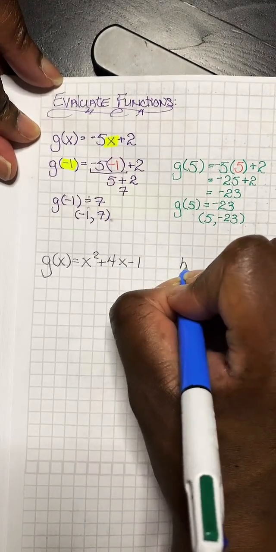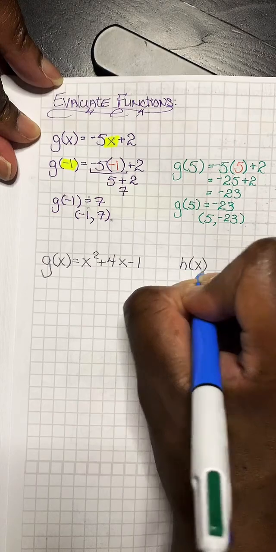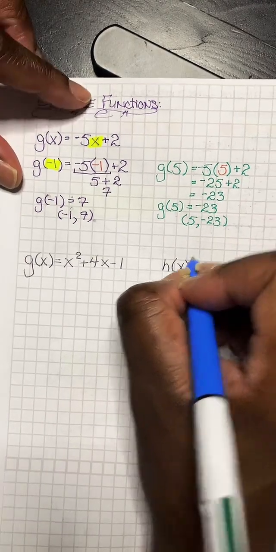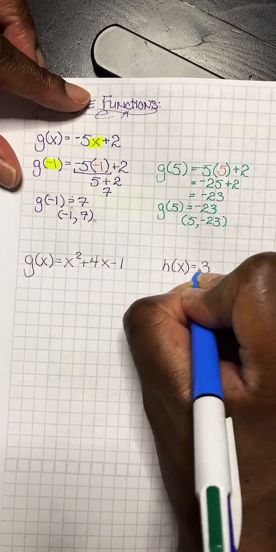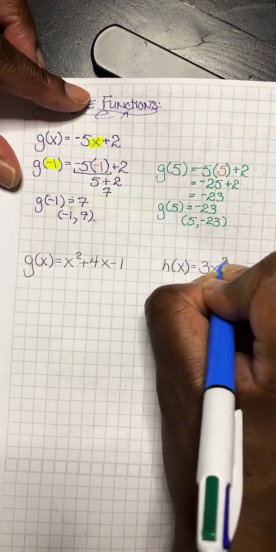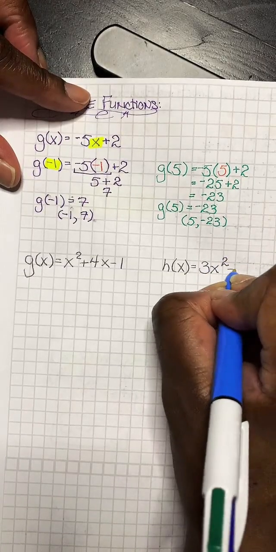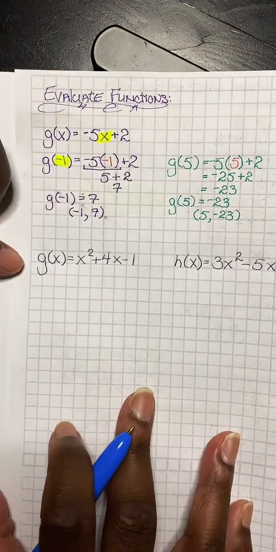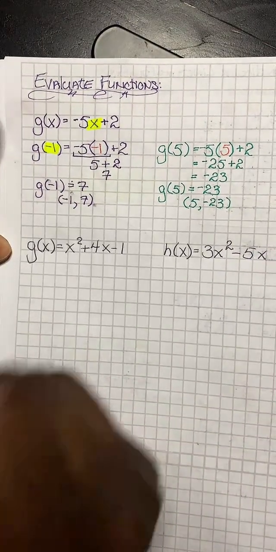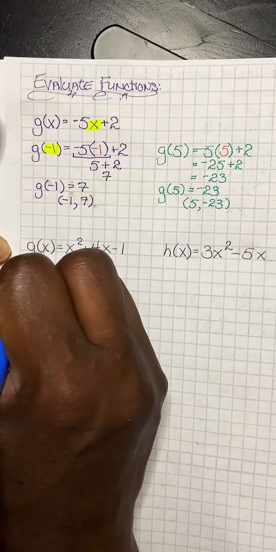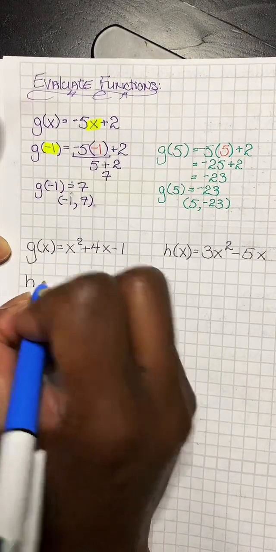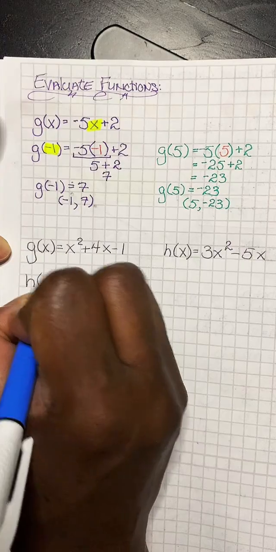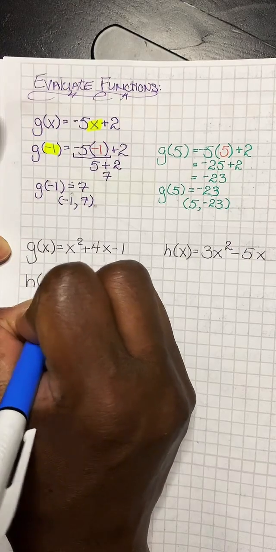Then I have the h of x, which is 3x squared minus 5x. And I want you to find, let's say, the h of negative 2.